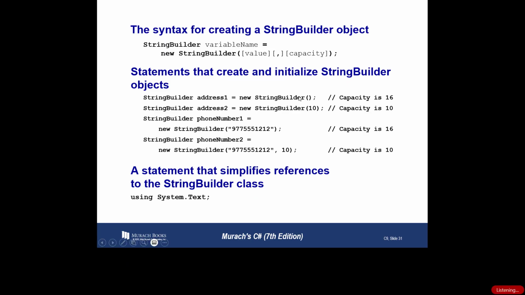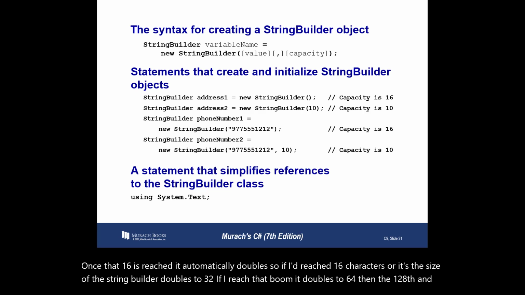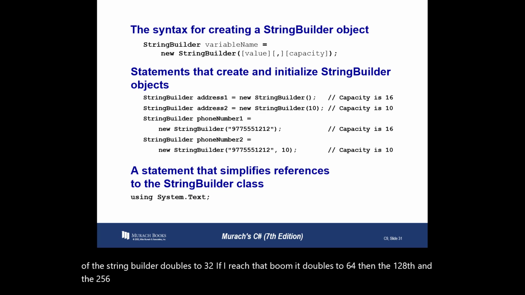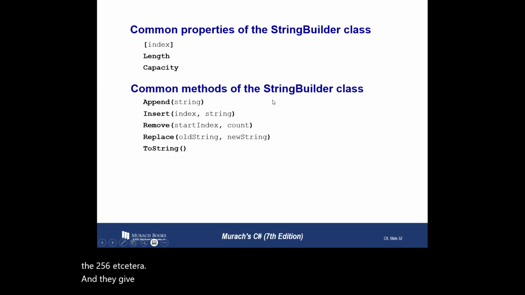Once that 16 is reached, it automatically doubles. So if I reach 16 characters, boom, the size doubles to 32. If I reach that, boom, it doubles to 64, then to 128, then to 256, etc. All right? And they give some examples in here.